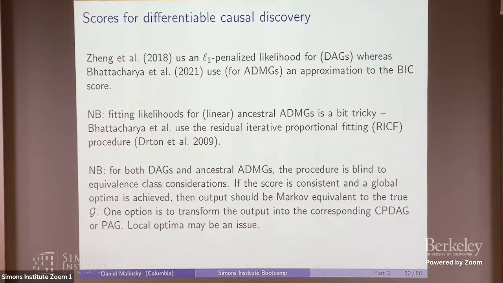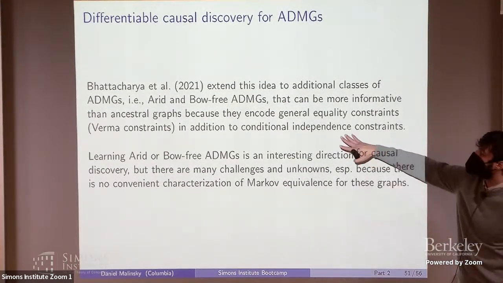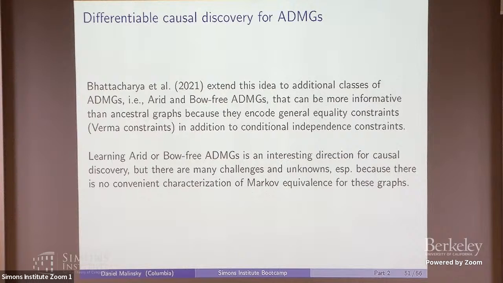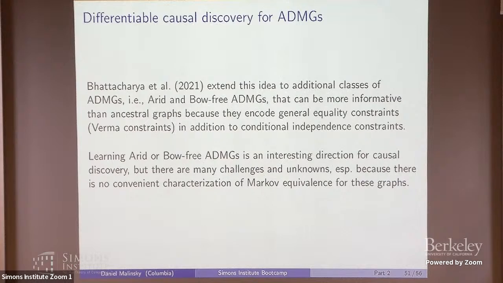There are issues with local optima in this case. And it's also harder if you try and extend this. So in the paper that I was somewhat involved in, we tried to extend this to more general classes of ADMGs besides MAGs. But the issue is that there's a lot of unanswered questions about Markov equivalence in that setting. So there's a lot that's really unclear about how to do that properly.